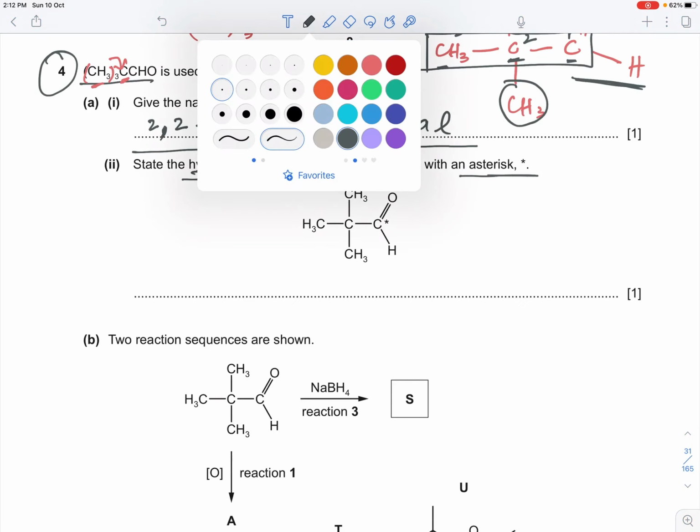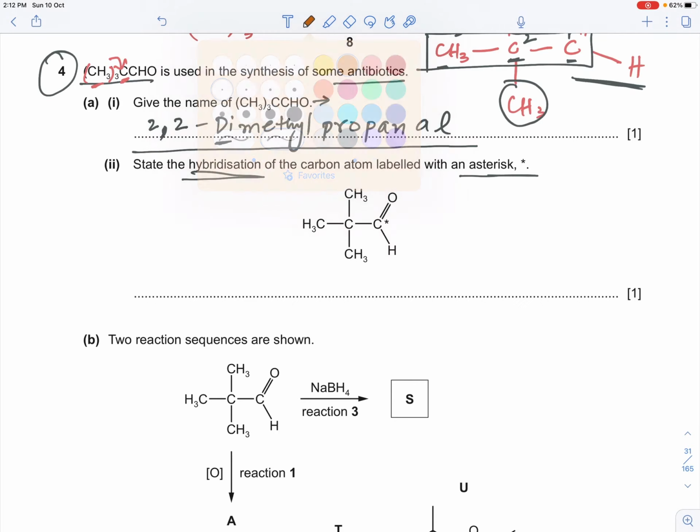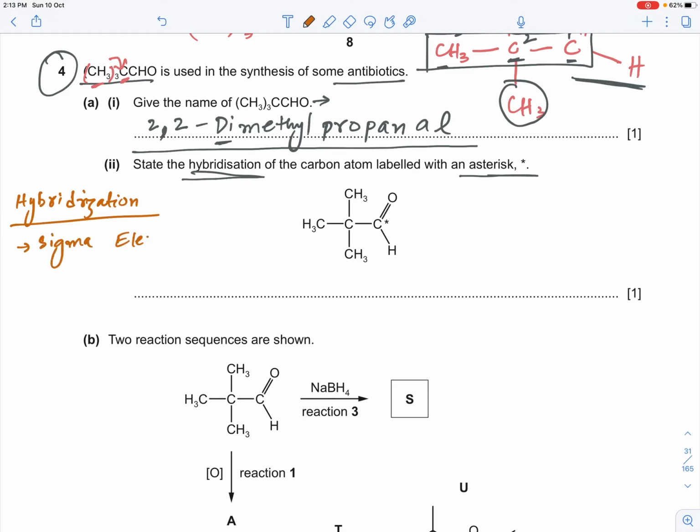So whenever we have to find the hybridization of any atom, what you have to look for is the sigma electron pairs and lone pairs on that atom. Lone pairs are the electrons of the valence shell which are not taking part in the bonding.